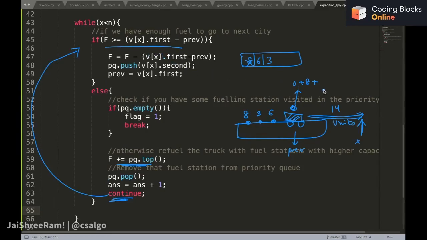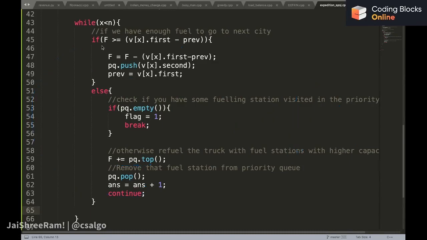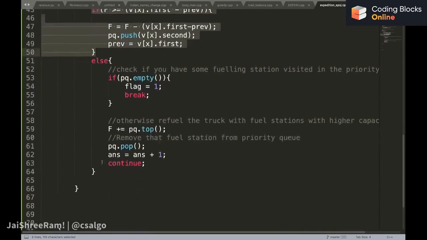I want to travel 14 units, but still I have 8 units of fuel. So you again come to the else block and you pop another fueling station that you have encountered on your way, and you refuel it. So that is why this continue is important to put at this point. But suppose you are able to reach that particular point and you come out of this if block, so you will end up at this point.